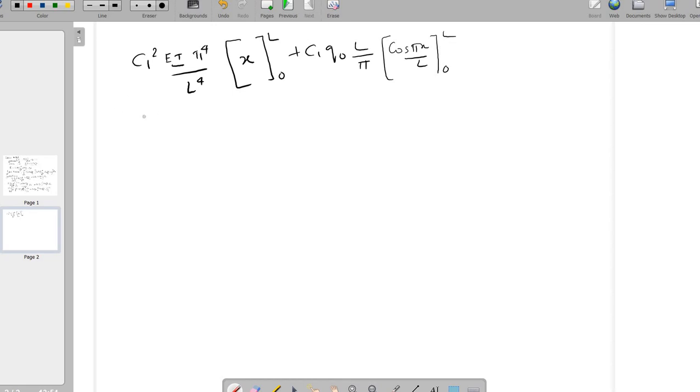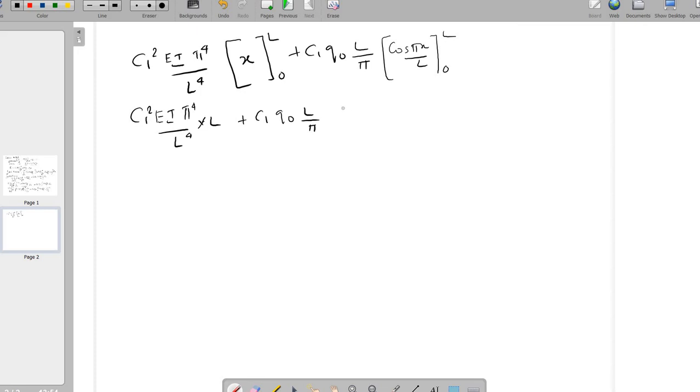So when you substitute this, C1 square EI pi power 4 by L power 4 into L plus C1 Q naught L by pi.